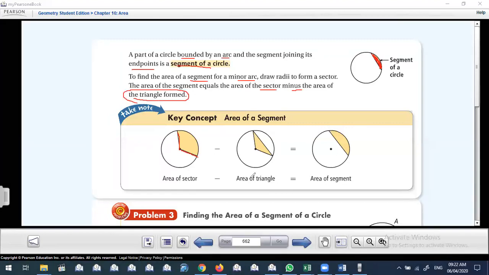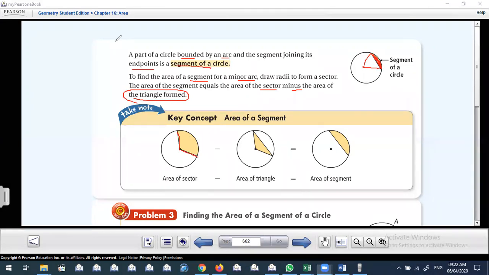So again, if we have a segment like that, you have to draw radii. So you have a triangle and a sector. Area of sector minus area of triangle will be the area of the segment.